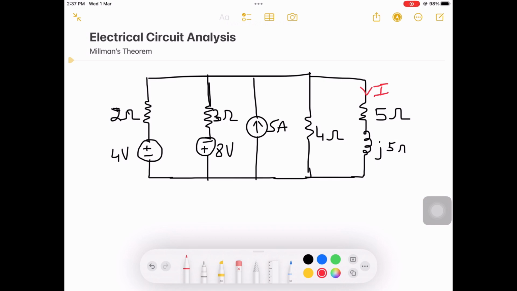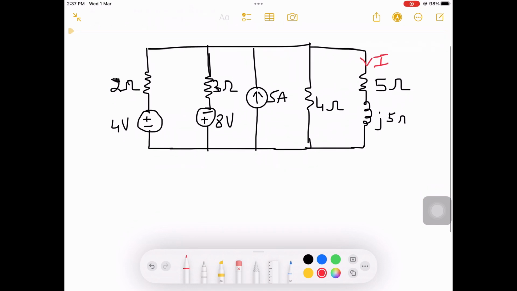To find the current through this branch, let us label the terminals so that it is easy for us to do the analysis. I will name them terminals A and B. Within terminals A and B, the current I is flowing.